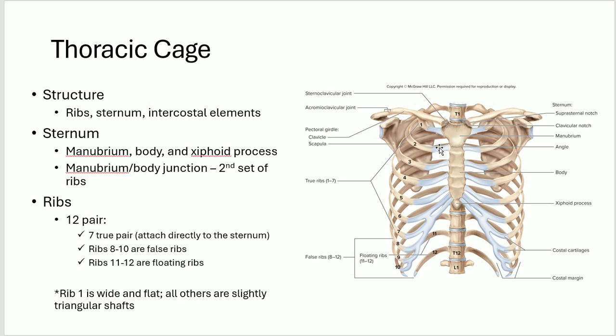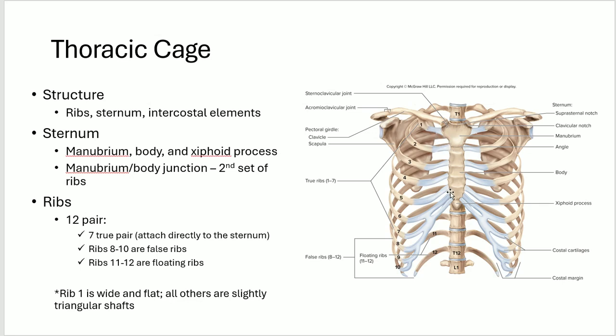They have their own cartilage, and they wrap directly around from the front to the back and attach directly to the sternum at the front and at the back. And they have their own cartilage. So cartilage attaches there, and the true ribs attach directly to the sternum. So that's 1 through 7.